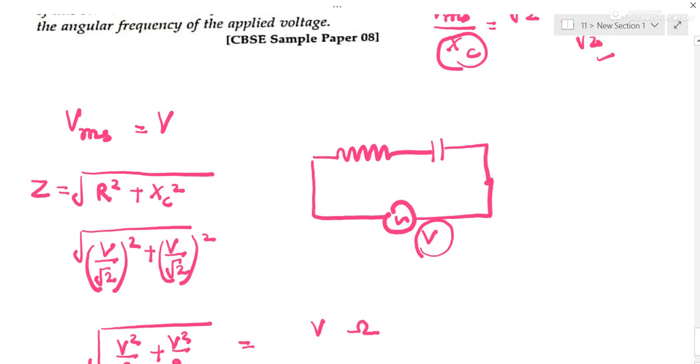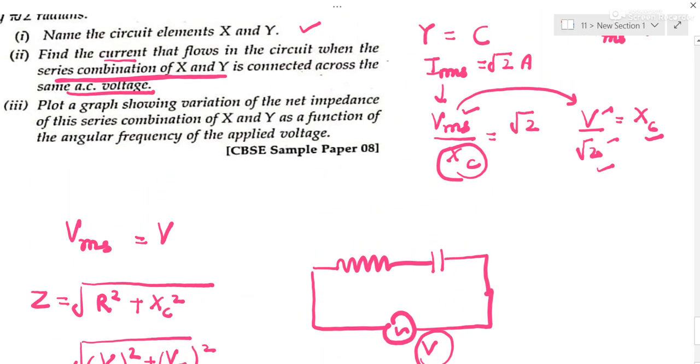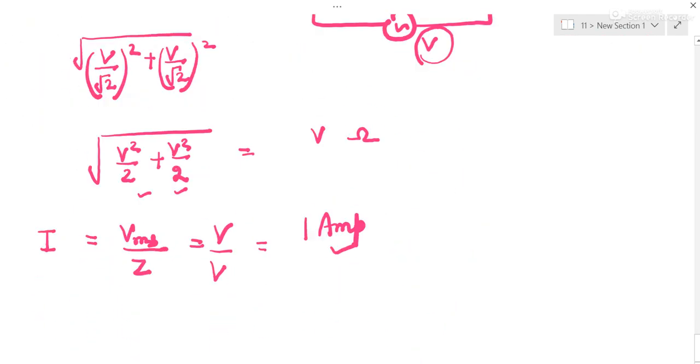Now let's get to the next part of the question. Important question: plot a graph showing the variation of net impedance of the series combination of X and Y against angular frequency.